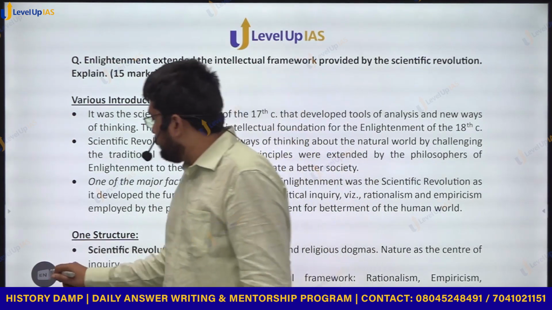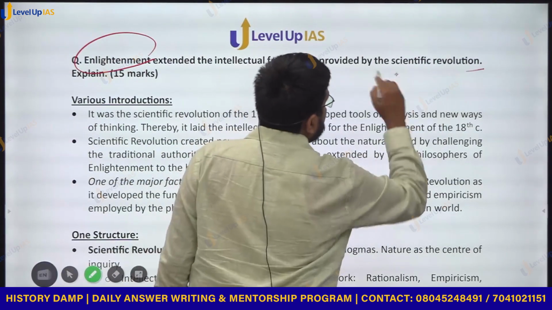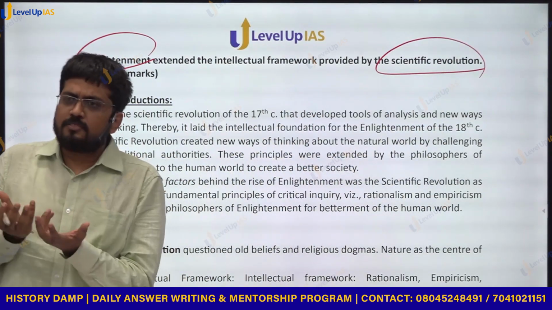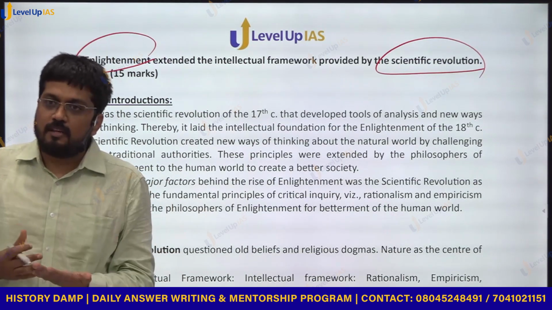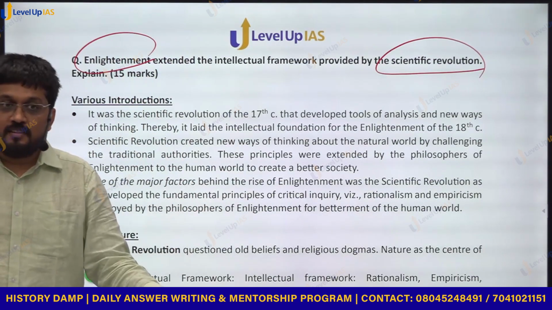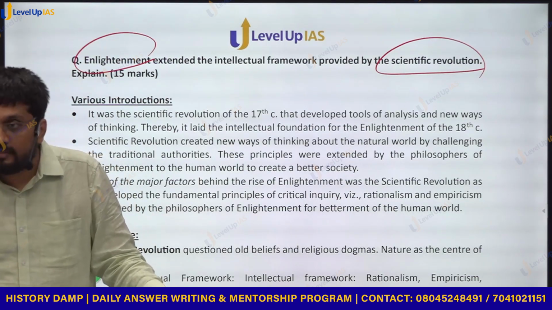Now what is the keyword? This is one keyword, this is another keyword. In that case the typical introduction is to define the keyword, done. So many people have gone for it: it is enlightenment, define the enlightenment. So this is a typical way, but it is not necessarily a good way always.